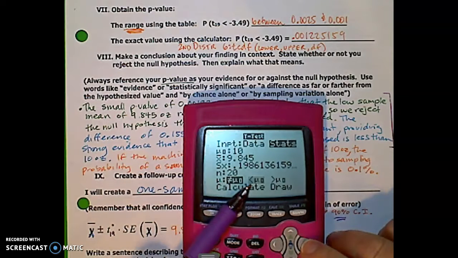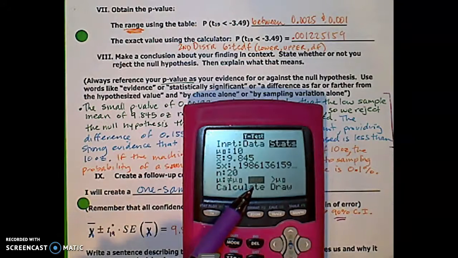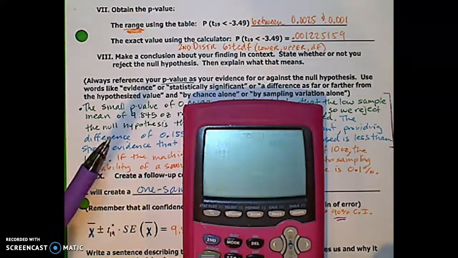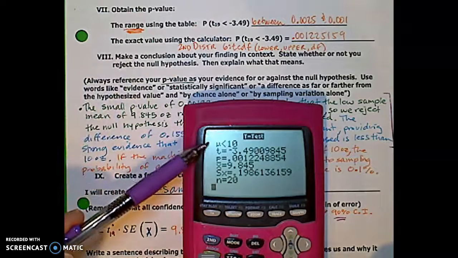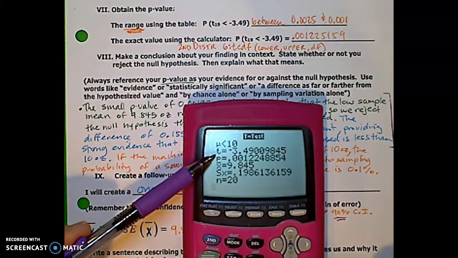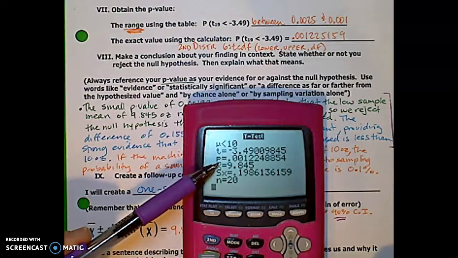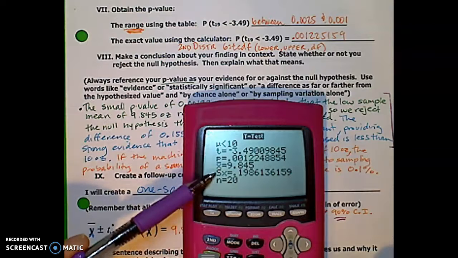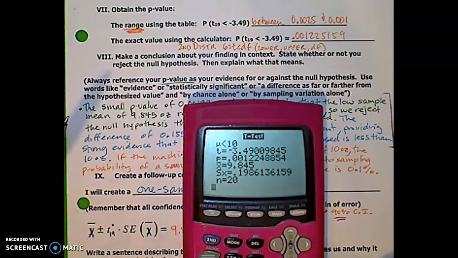We're proposing that our sample results are less than the hypothesized mean, and we're going to calculate. I'm not going to draw it. And so we get for an alternate hypothesis that the mean is less than 10. There's our t-score, negative 3.49. There's our p-value, 0.00122. And it reiterates our other statistics.